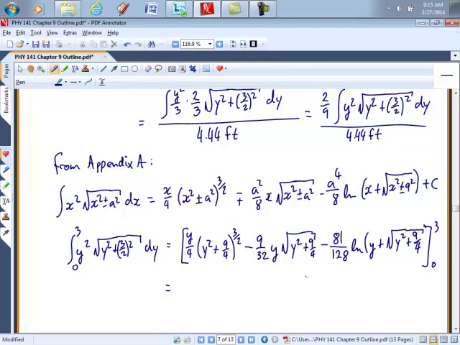That's why I'm not writing it out with all the numbers substituted in. When you do y equals 0, you do only have to do the last term, right? Because each one of the other ones has a y term in front of it. But for y equals 3, you need to do all 3 terms.